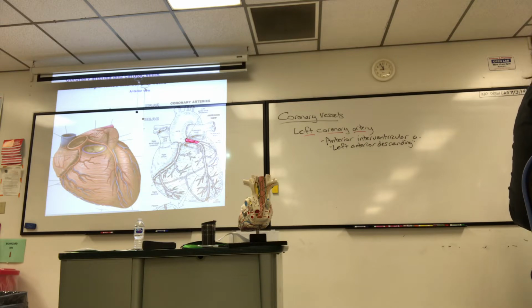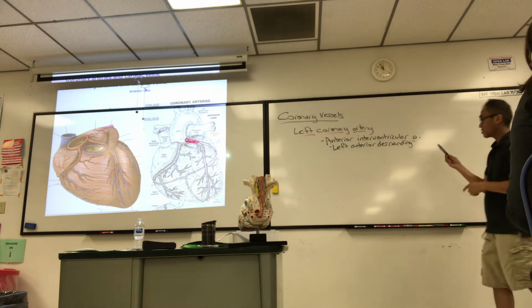But anyways, anterior interventricular artery is usually what the anatomy books will call it. Now, it's a branch of the left coronary artery.